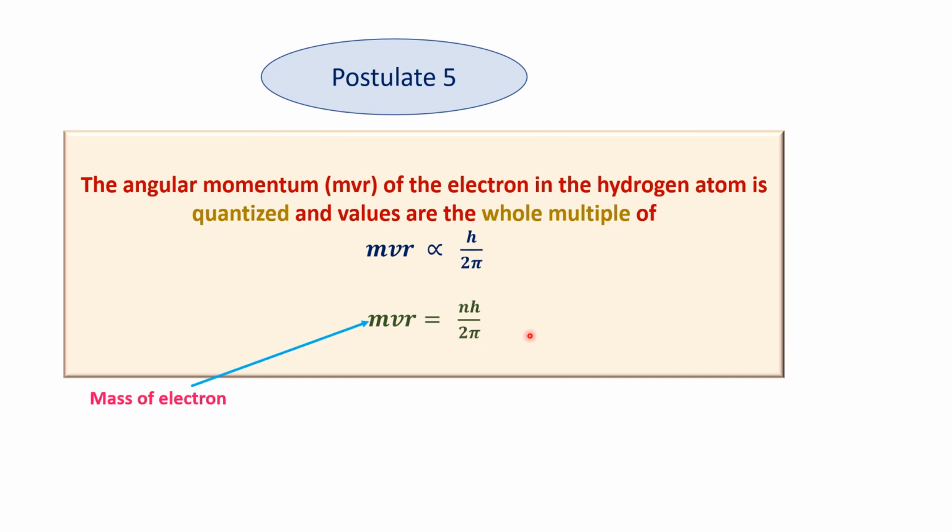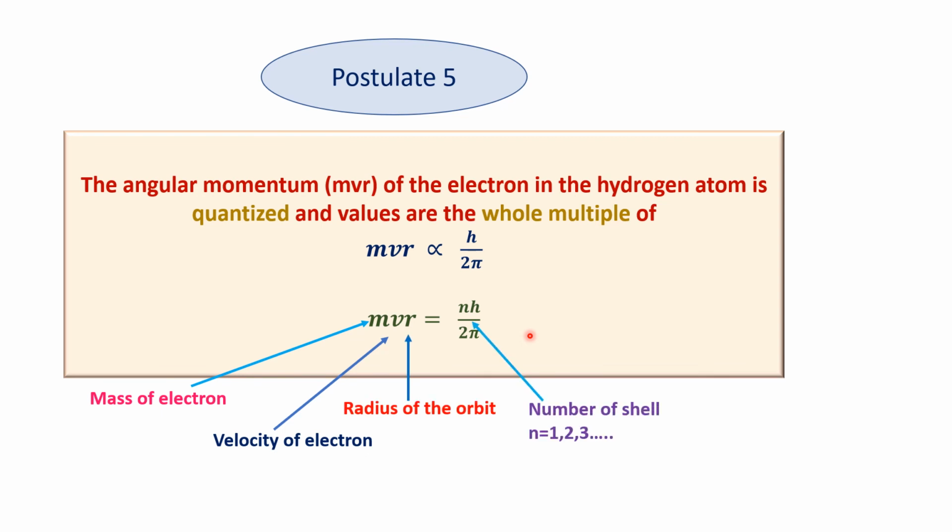Here m is the mass of the electron revolving around the nucleus with velocity v in an orbit of radius r. n is the number of the shell, a whole number, that is 1, 2, 3, 4, and h is Planck's constant, which has the value 6.6262 times 10 to the power minus 34 joule second.